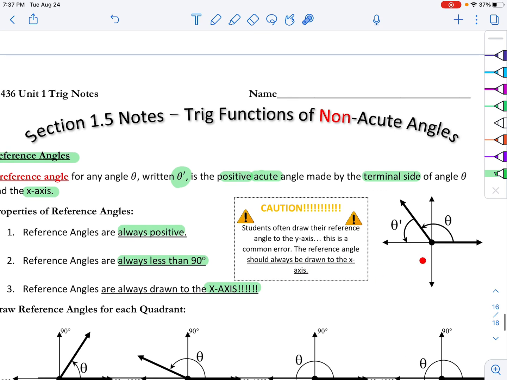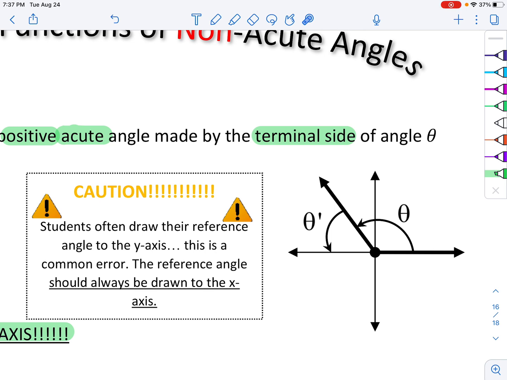And so a visual here is like this. If we have our angle, let's say it's 100 degrees, 100 degrees would bring us to the second quadrant, right? And theta would have a measure of 100 degrees. The reference angle is the angle formed by the terminal side of theta, so this side right here, and the nearest x-axis.